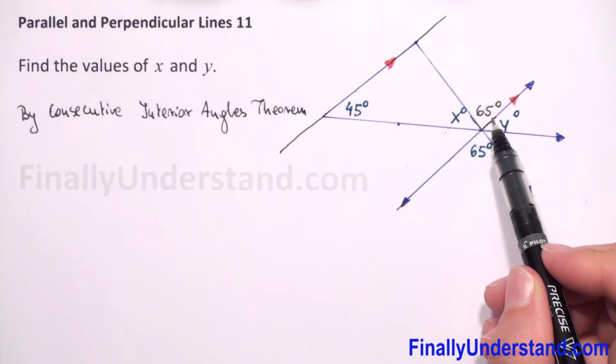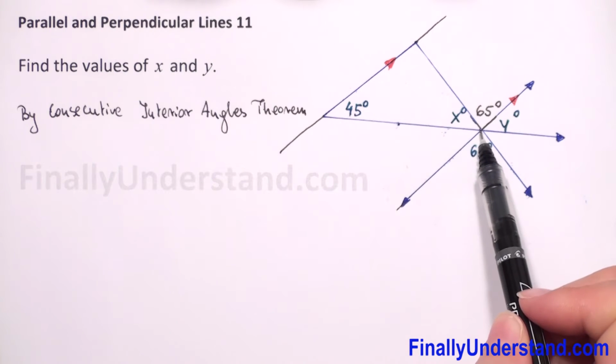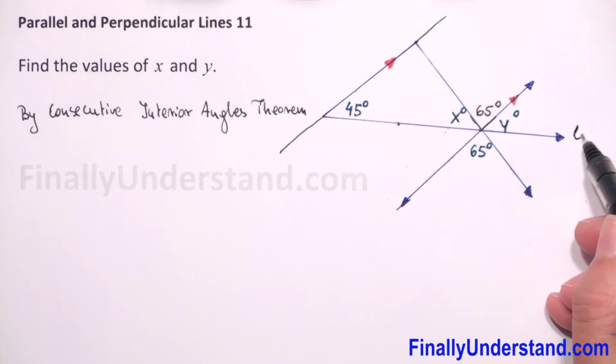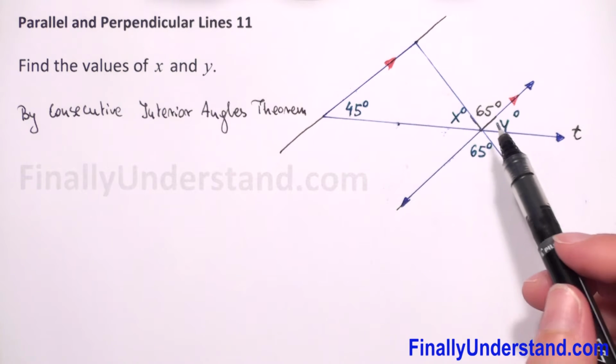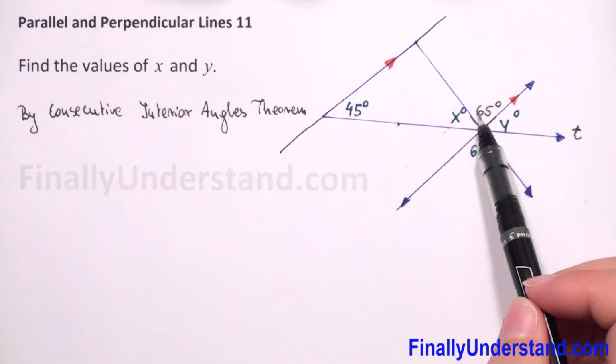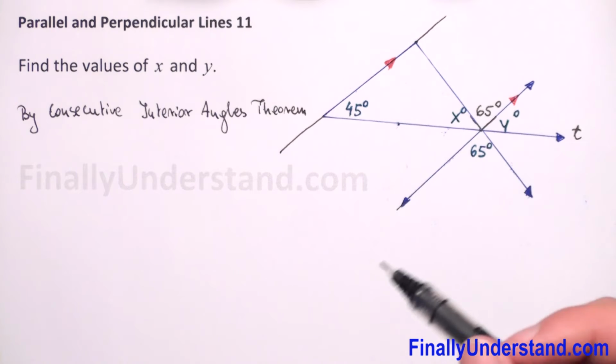Let me remind you of the definition. The angles which are between these two lines which are crossed by a transversal and which are on the same side of our transversal are consecutive interior angles.